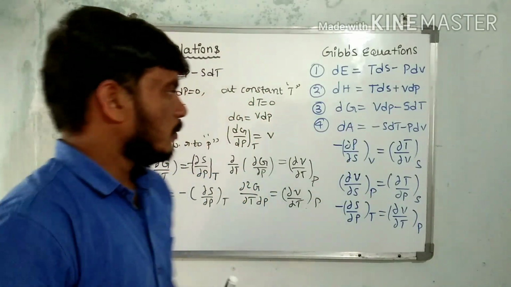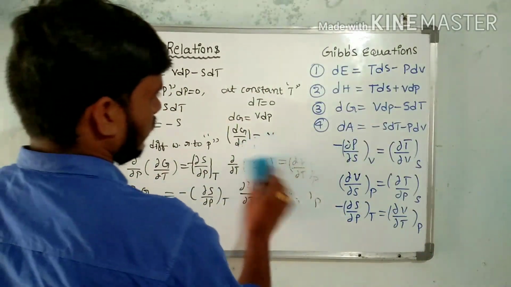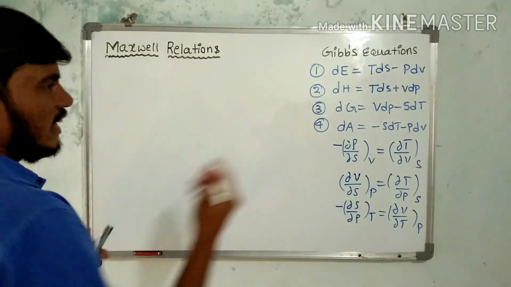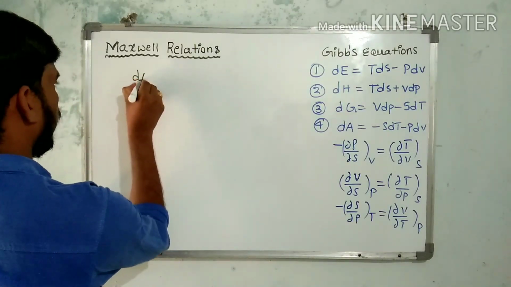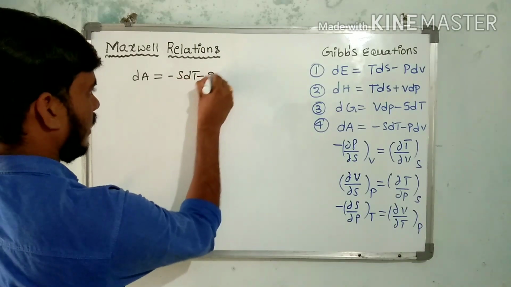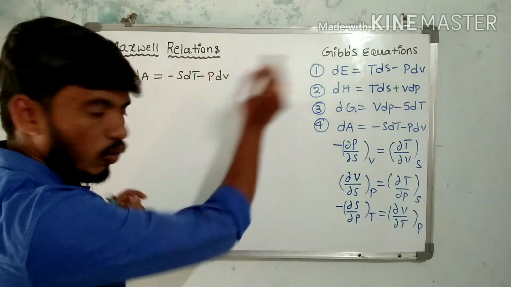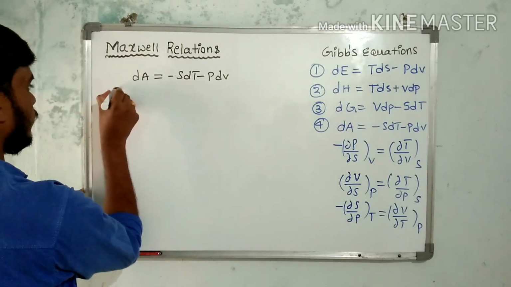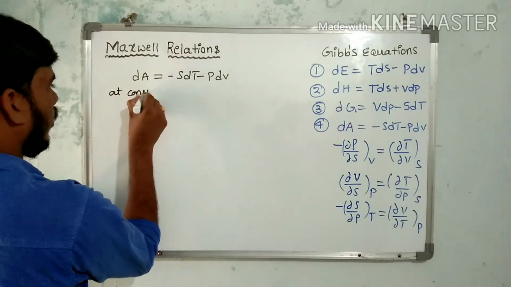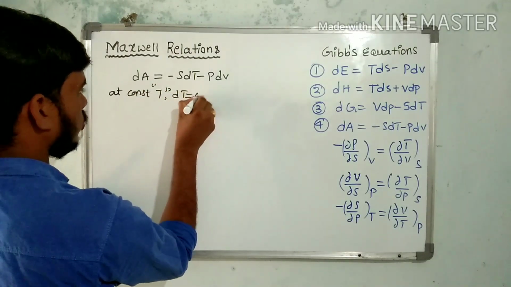Now another Gibbs equation is dA equal to minus SdT minus PdV. Now at constant temperature, dT equals 0.